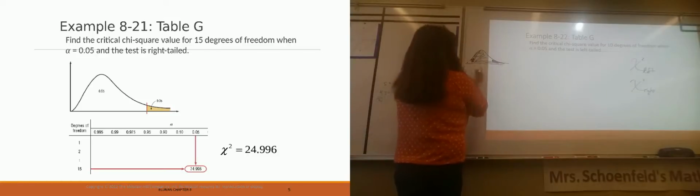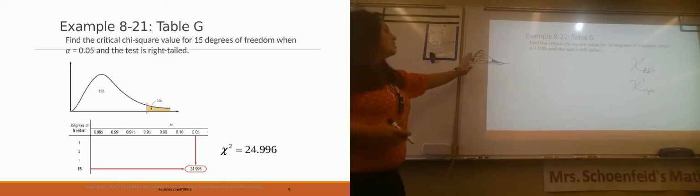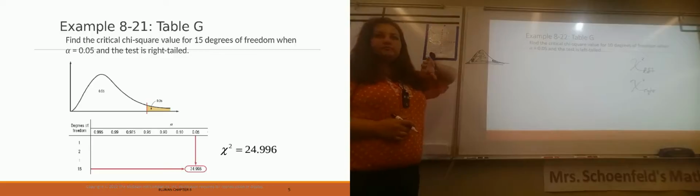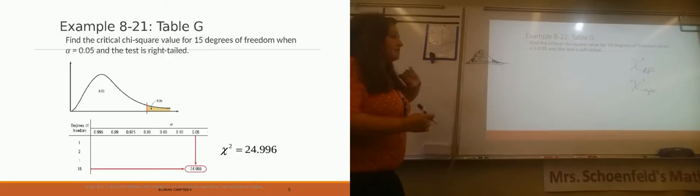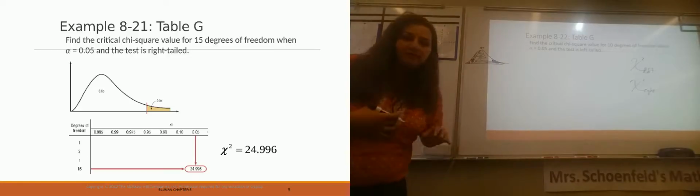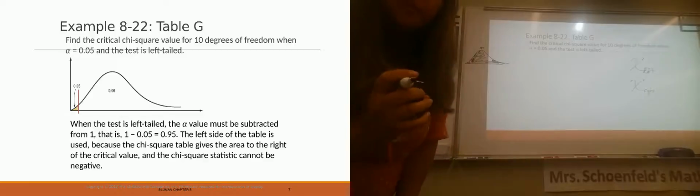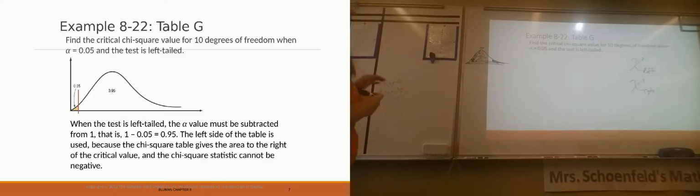If my alpha over here is 0.05 or 5%, what is this total area? This guy over here is our 95%. So that 95%, now I need to actually go find on my chart where 95% is.